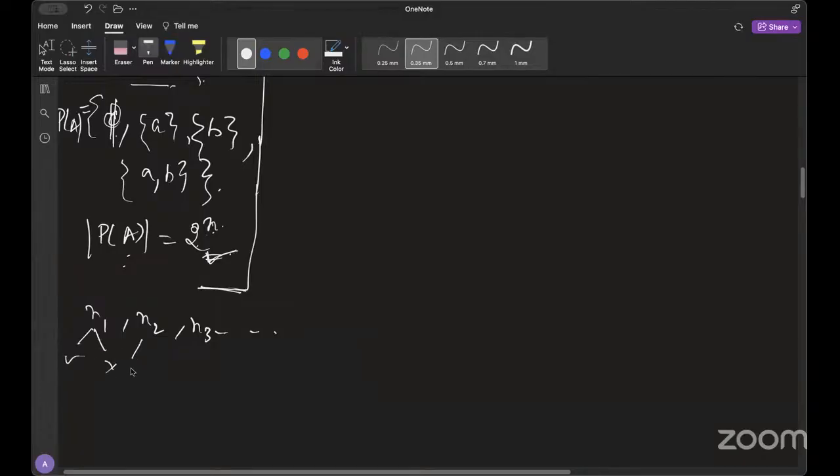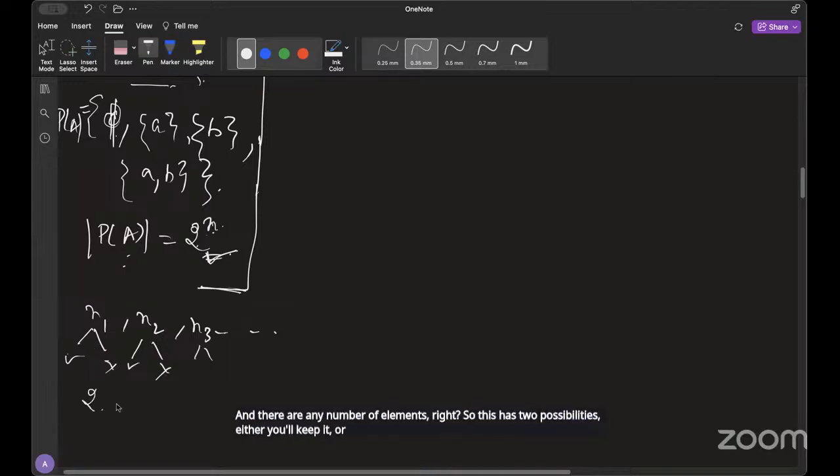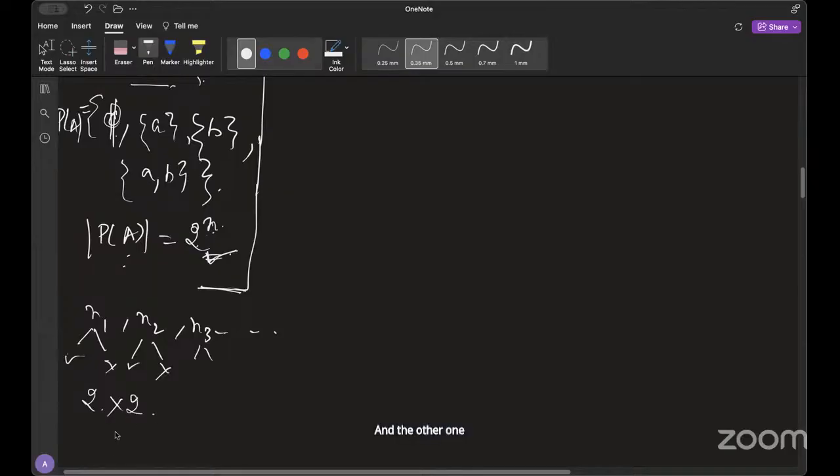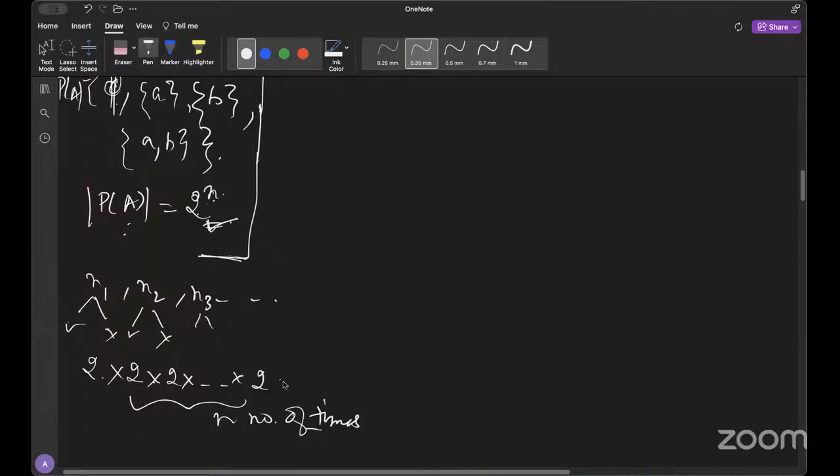Same is the case for every element that's there. And there are n elements, right? So this has two possibilities, the other one has two possibilities as well, and this is done n number of times. That's why you get 2 to the power n.